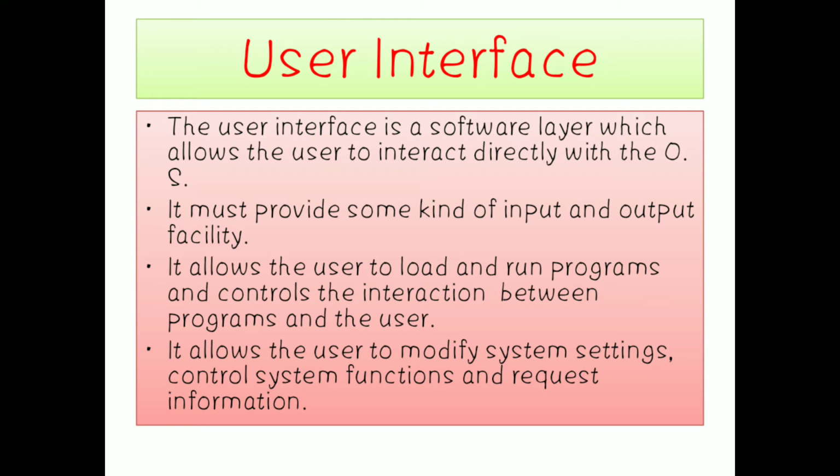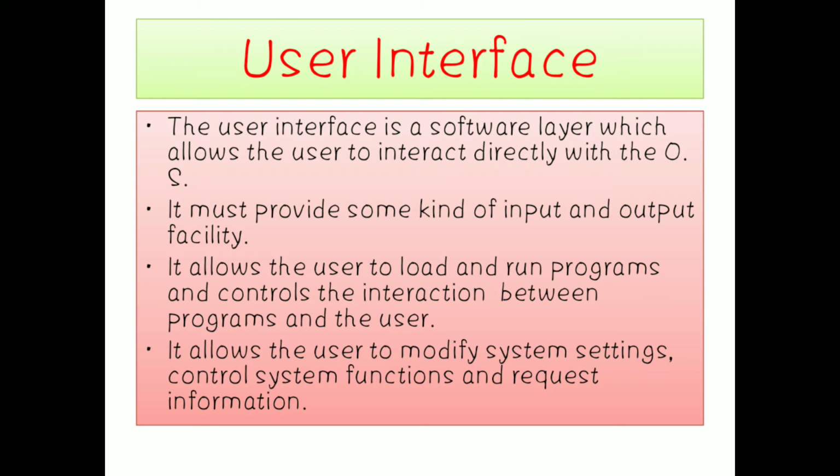Controls means what? For example, if there is any error in the program, we the users only should edit it, no? That means it is controlling the interaction, right? Interaction means mediator, some kind of communication. Next, this user interface also allows the user to modify the system settings.